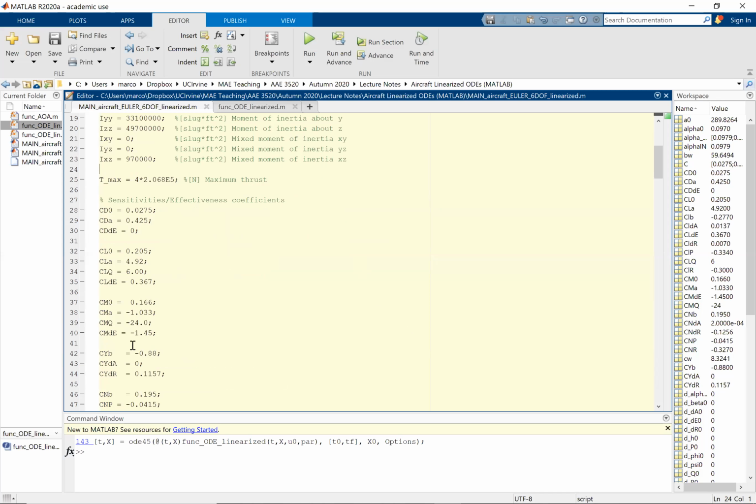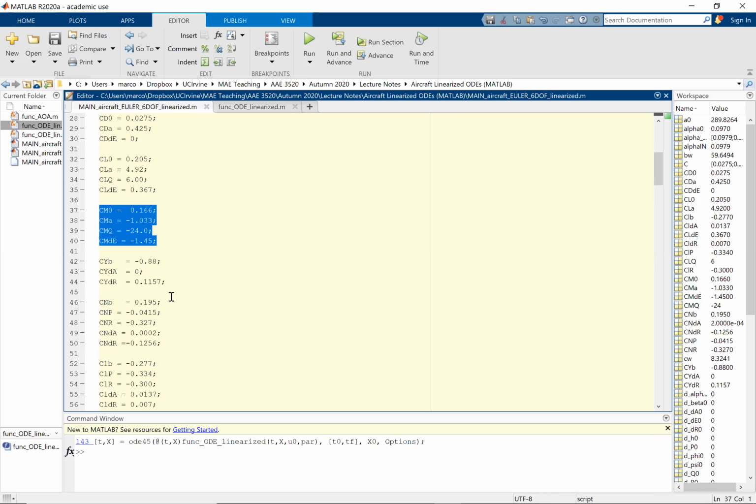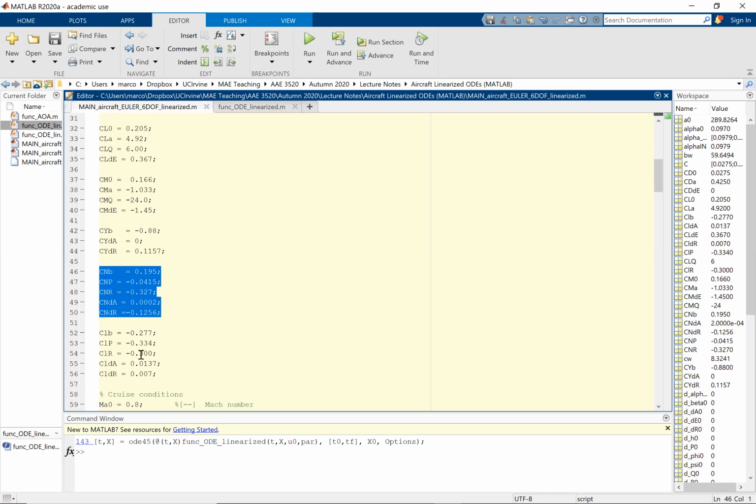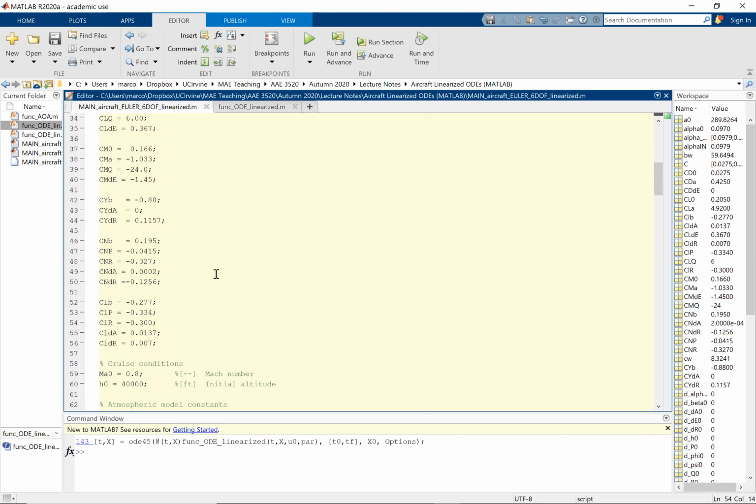And then here we have a bunch of coefficients and the sensitivities for the drag, the lift, the pitching moment coefficient, the side force, the yawing moment, and the rolling moment coefficients. So we have a bunch of them.